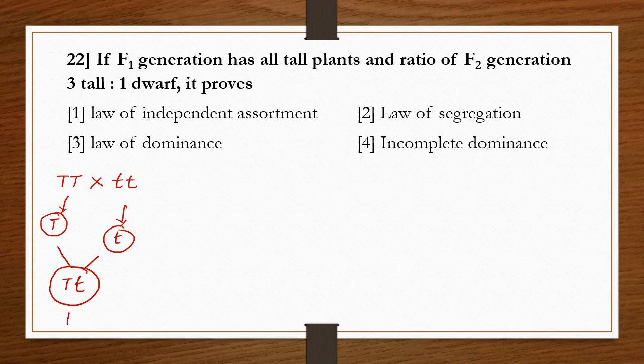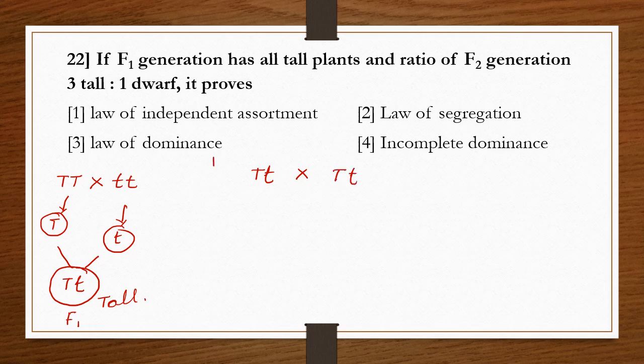So the F1 generation is all tall. So how will you get the F2 generation? The selfing between the F1 individuals gives the F2 generation.